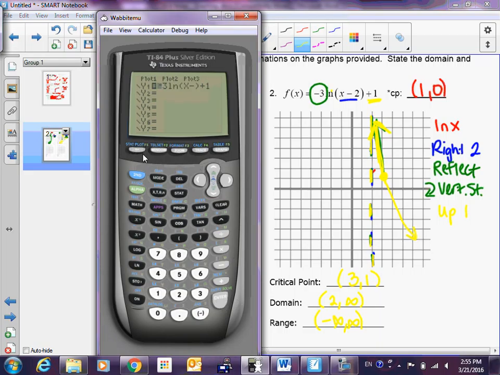Hold on just a second. Whoops. You can tell it's Monday. Here we go. And so see, mine was a little steeper than theirs, but again, that's the whole sketch part. Notice your calculator, though, does not graph asymptotes. So that's something you're going to have to do on your own.